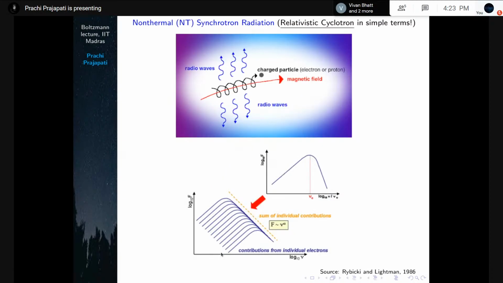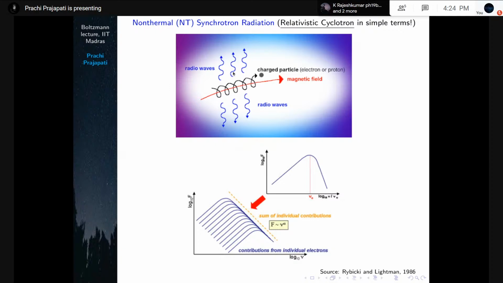Now let's come to the non-thermal emission, which we actually try to understand in order to understand particle acceleration. Let's say we have a local magnetic field present and some charged particle is gyrating around these field lines. Since it's gyrating, the velocity direction is changing each moment, so it's getting accelerated as it moves forward.